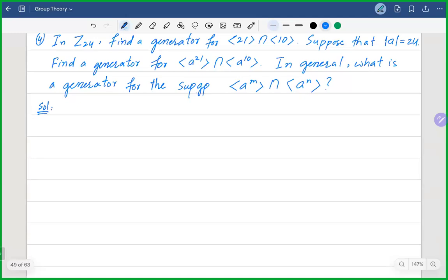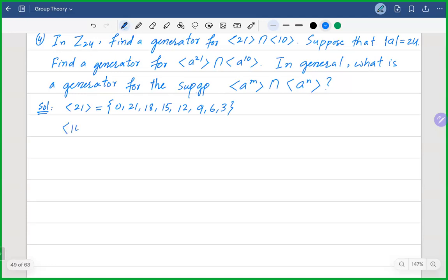So we have Z24. Okay, and so we will say that the set generated by 21 will have elements which is 0, 21, 18. If you compute the addition modulo 24, you would get these elements 15, 12, 9, 6, 3.